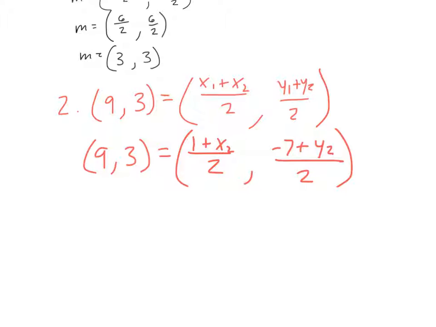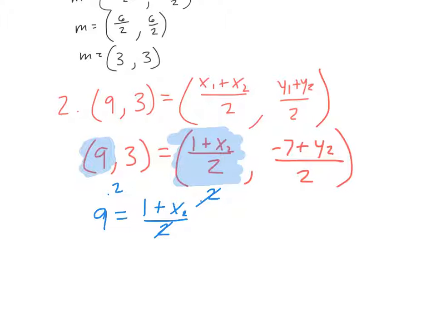So now we have (9, 3) is equal to the formula that we have for the midpoint. Since 9 was given, this is what the x-coordinate of the midpoint is. This is the equation that we have for the x-coordinate of the midpoint. So we can set 9 equal to the equation we have. So 9 is equal to 1 plus x2 over 2. To get that 2 out of the bottom, we multiply both sides of the equation by 2.